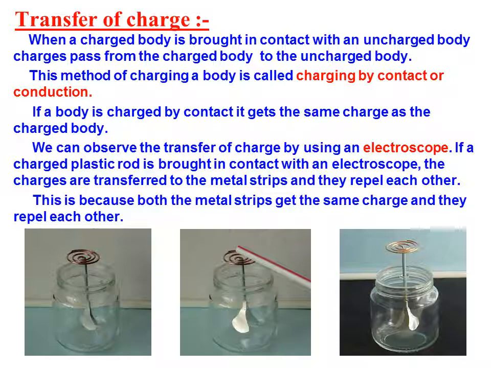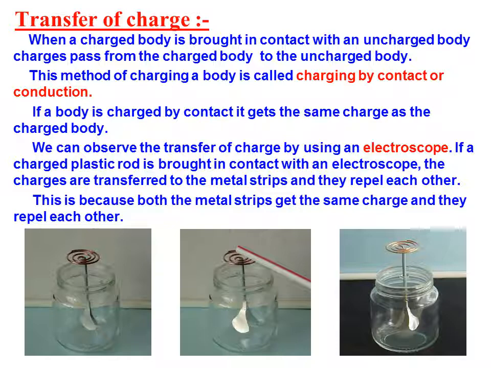That means charges pass from the charged body to the uncharged body. That means it will flow. It can take a fraction of a second also. We can do this experiment using an electromagnet also, by applying electricity, as in an electric bell.